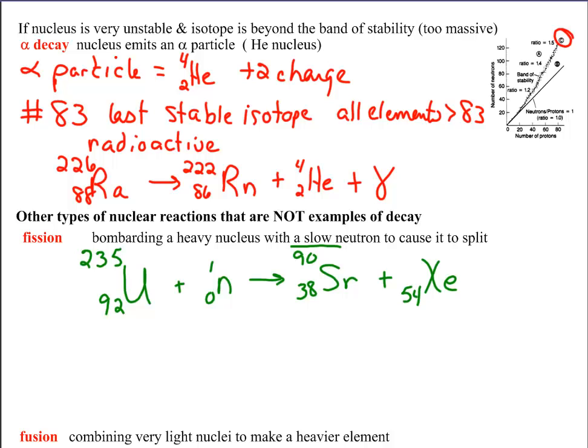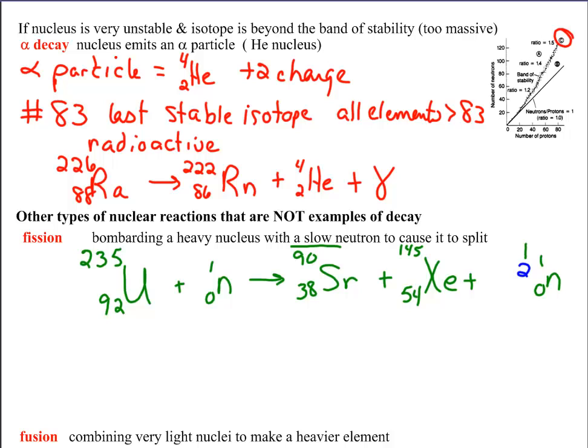Xenon's mass depends on the number of neutrons we generate. In general, for fission reactions, we can generate 1, 2, or 3 neutrons. Depending on the number of neutrons we generate, if the isotope of strontium has been assigned, our choice of number of neutrons will affect the atomic mass of xenon. So 1 neutron gives me an atomic mass of 145 for xenon.